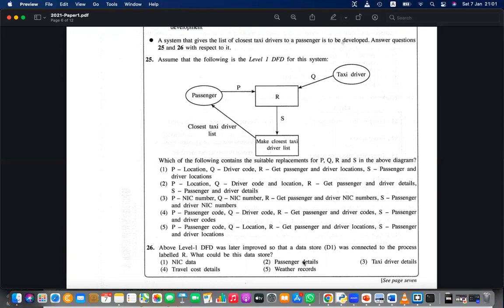Not NIC, not passenger. Passenger data is not taken here. When you query the data store, driver data should appear, right? Therefore, I would like to go for number 3. Taxi driver details. Because of this make closest taxi driver list, here also taxi driver, and you are sending the information about the location. So whatever the data store is, basically list of drivers should be available there because you are deriving this report. So answer is number 3 for question number 26.